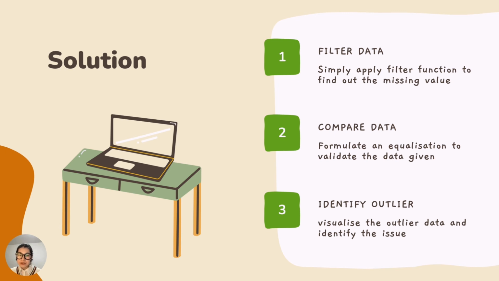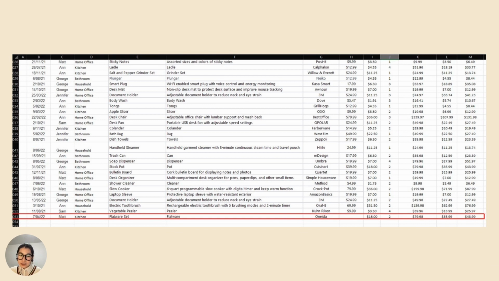Then we compare the filtered data to the other data. We simplify the formula and equalization to validate it. Lastly, once the outlier or missing data is validated, we visualize it and identify the issue and reason. This is the outcome after proceeding with our solution.